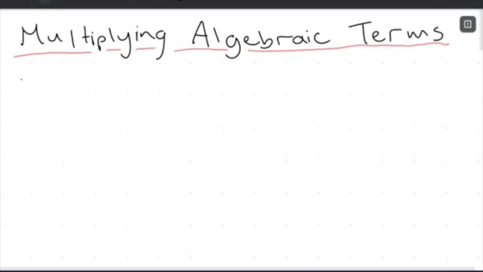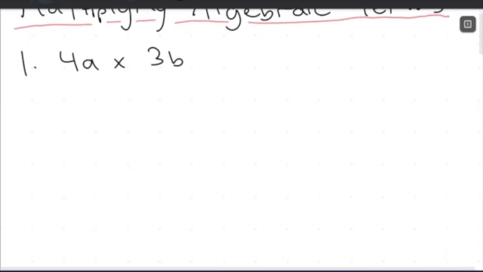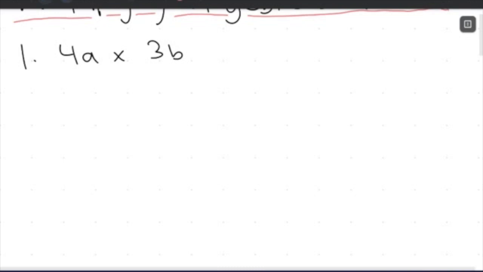So I'm going to give us an example here, and I'm going to say, what is 4a times 3b? Okay, so here, it's important to note, I think I briefly touched on this in the last video, but when I write something like 4a, this just implies in algebraic shorthand that I have 4 lots of a, or 4 times a.